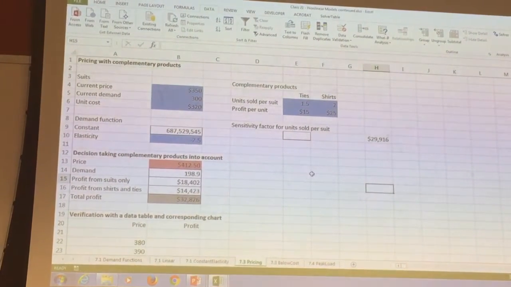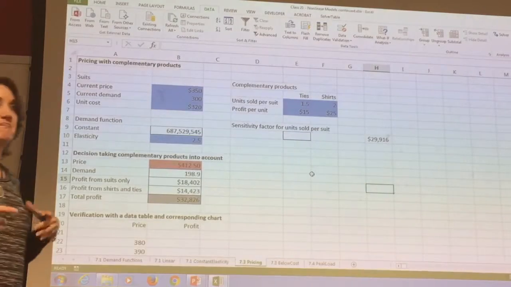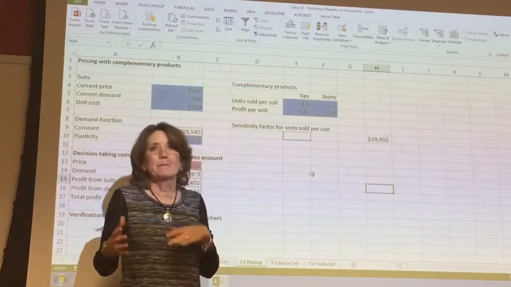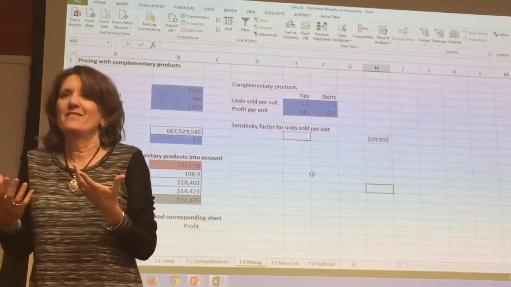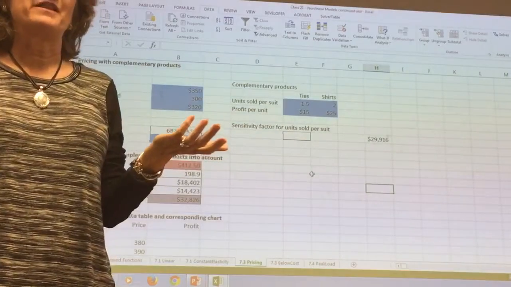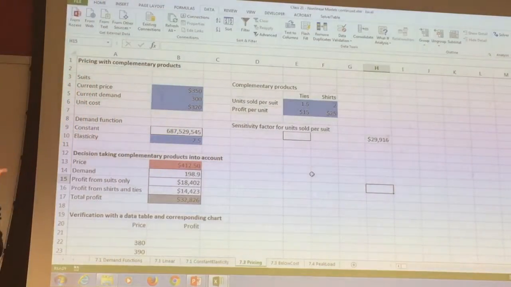So now, what if I'm not entirely sure that I'm right about this? Maybe I sell half as much as what I think. Maybe I sell twice as much as what I think. I don't know, I'm not entirely sure. So I'm gonna add this new little sensitivity factor in here, which at the moment, I'm just gonna put a 1 into that cell.